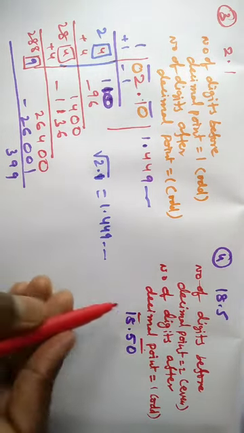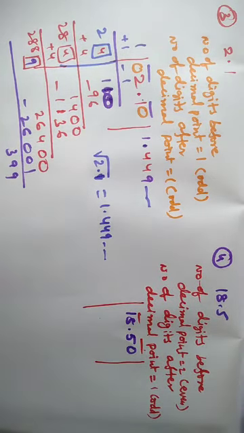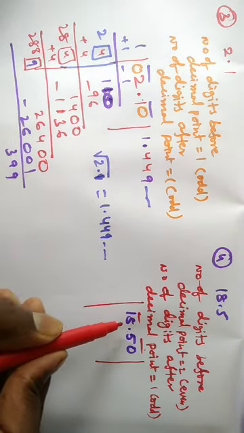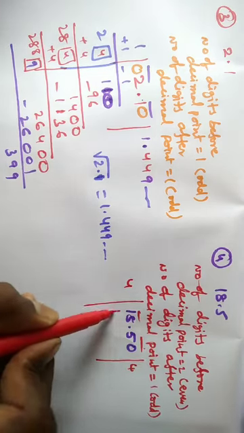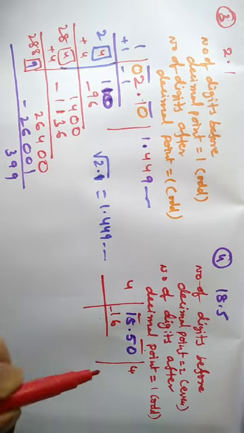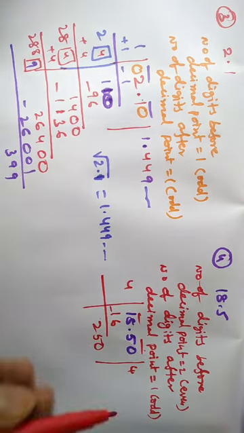Here two digits we take as a group and we start the division. Here we have 18. So 4 fours are 16. When we subtract that number from that, we get 2. Next 2 digits 50.